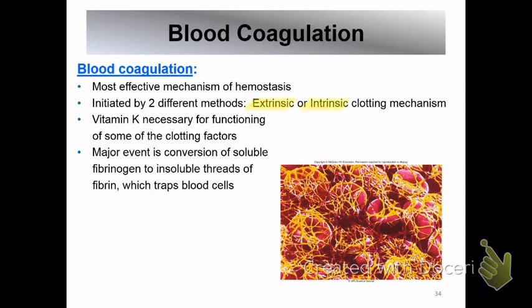It's either triggered by the outside the blood or inside the blood, extrinsic or intrinsic. Vitamin K is necessary. Major events in conversion of soluble fibrinogen to insoluble threads of fibrin. So highlight that. You're going to, or maybe just write it in and make it a little bit easier to read.